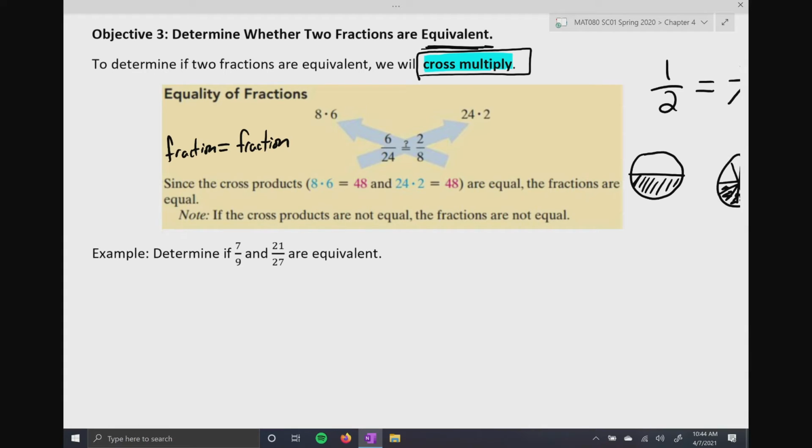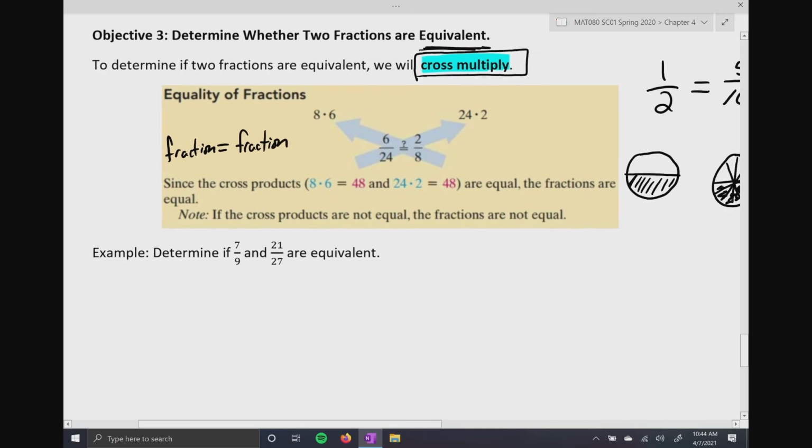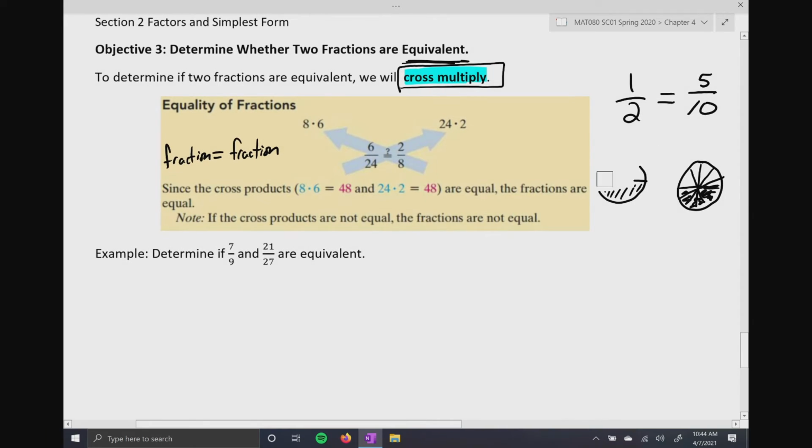Okay? So if I go back to my little example here off to the right, 1/2 equals 5/10. Visually, we know they're equal. Well, now let me show you using cross multiplication that they're equal. I'm going to cross multiply, meaning I'm going to take 1 times 10, and then I'm going to take 2 times 5.